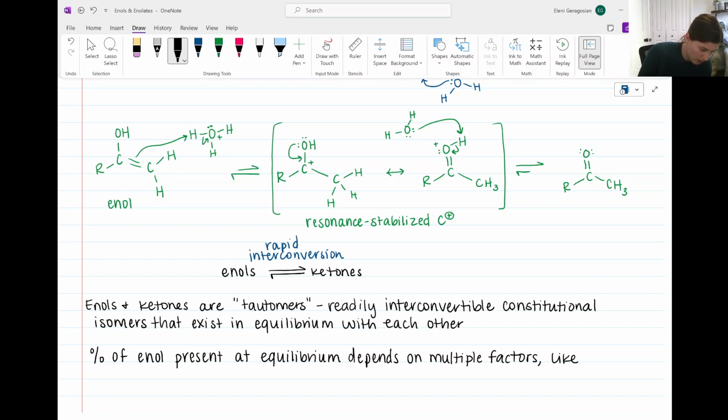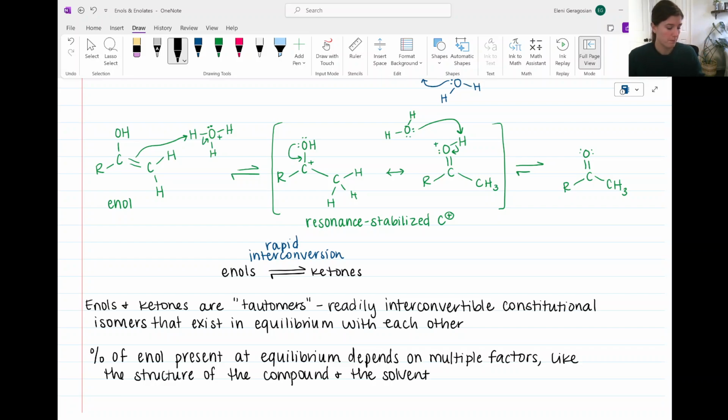Some are the structure of the compound, and the solvent can play a role. So there are multiple factors. So far for us, we just need to know that both enols and ketones are present in equilibrium with each other.